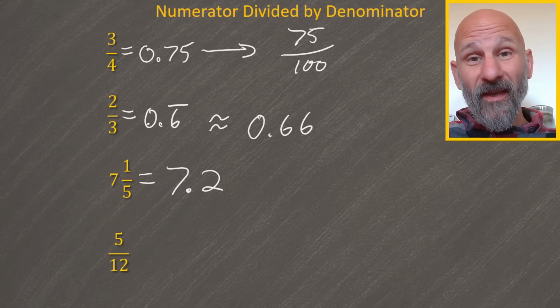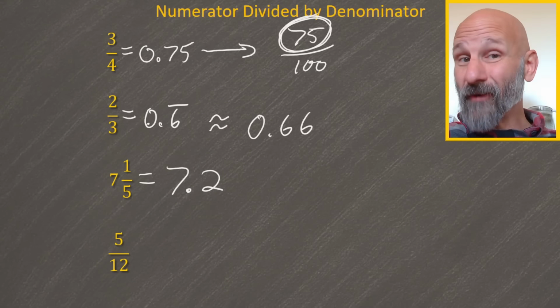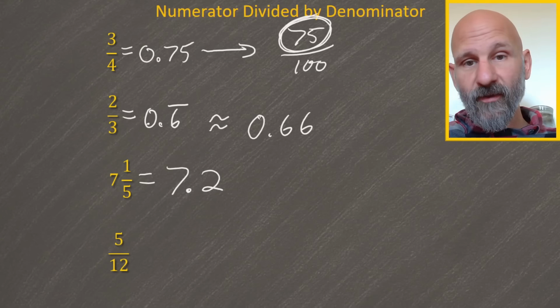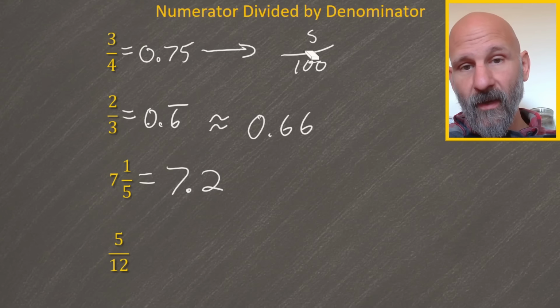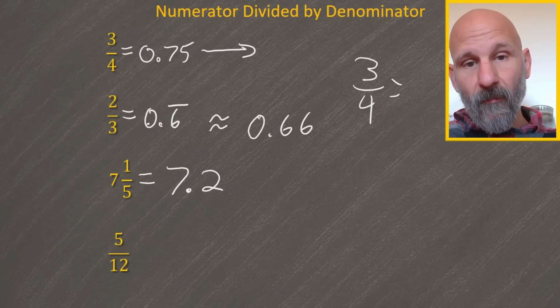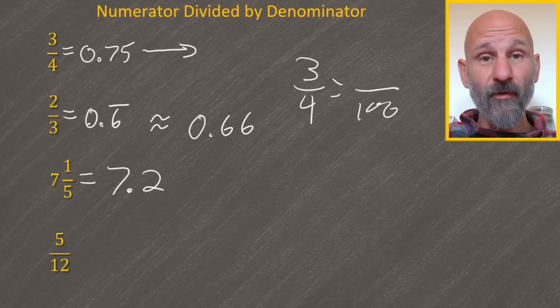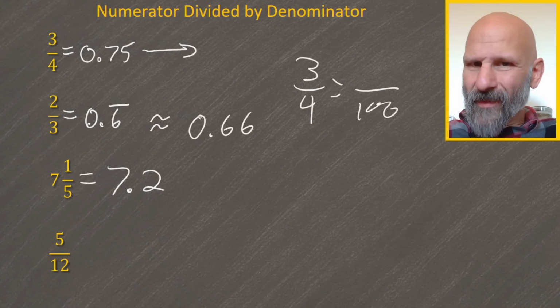So this number, 75, that's the fraction. See, 0.75? Okay, so if I can take my denominator and do 3/4 and make it so that it's over 100 or over 10 or something along those lines, then I know that my top number, that's the decimal.